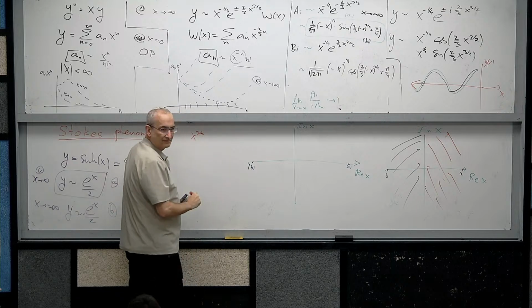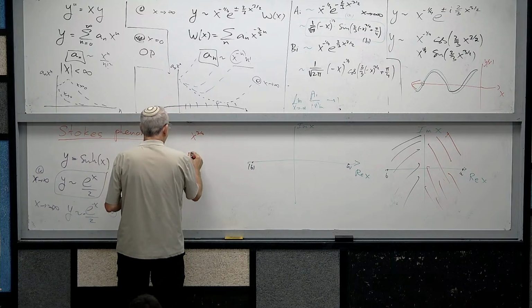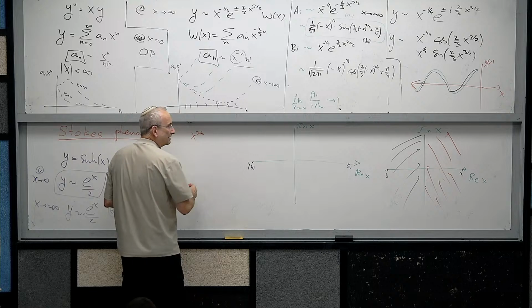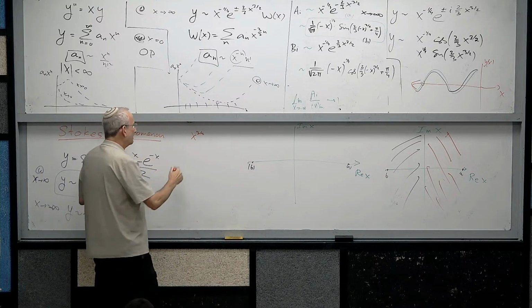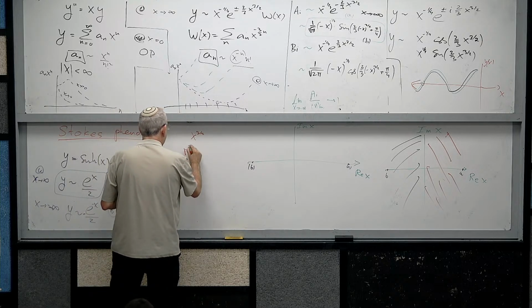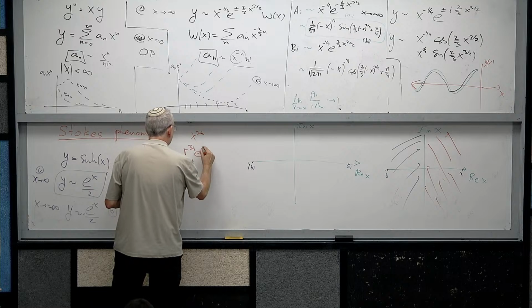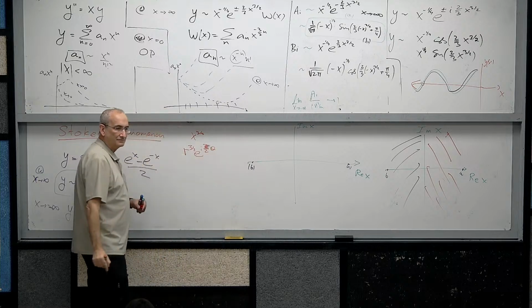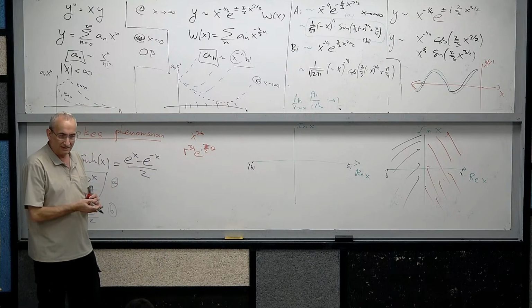Right. So now, instead of writing it as real plus imaginary, let's write the x to the 3/2 as r to the 3/2 times e to the i 3/2 theta. You see?